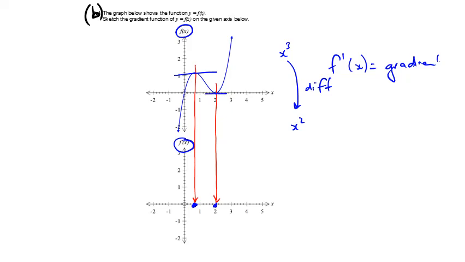Otherwise, my graph, that gradient's positive. There was my graph. So the key thing is being able to locate this turning point and this turning point and translating that to x-intercepts for my parabola.